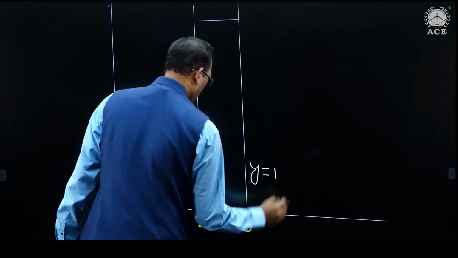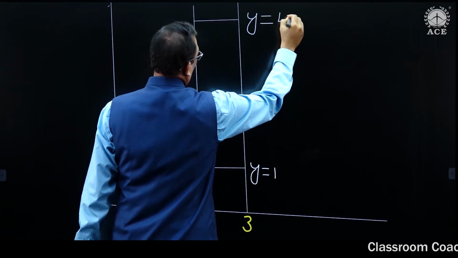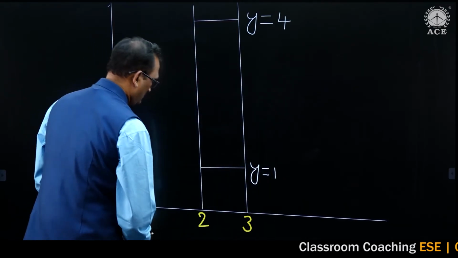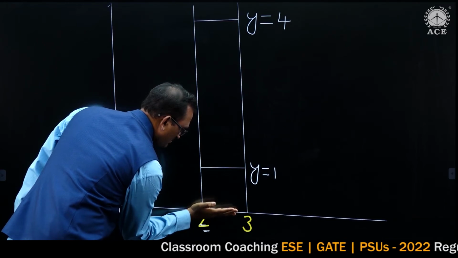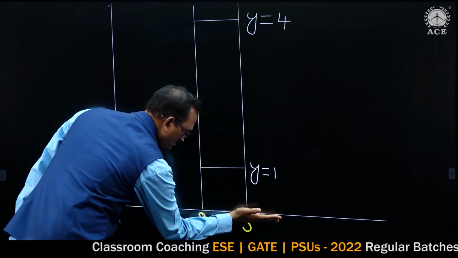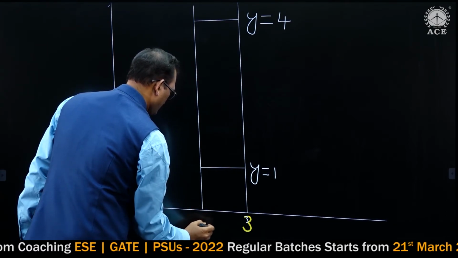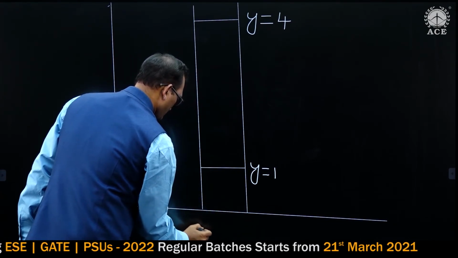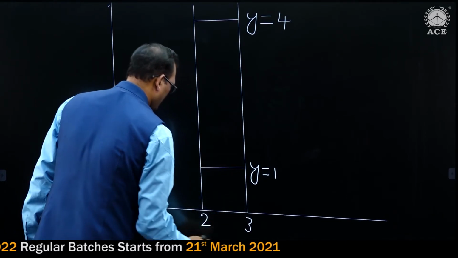This is y is equal to 1 line. This is y is equal to 4 line. This is x is equal to 2 comma 3.